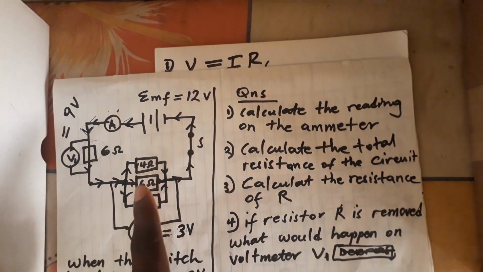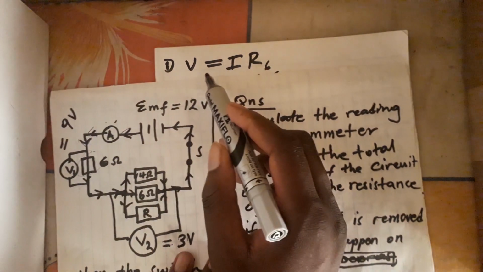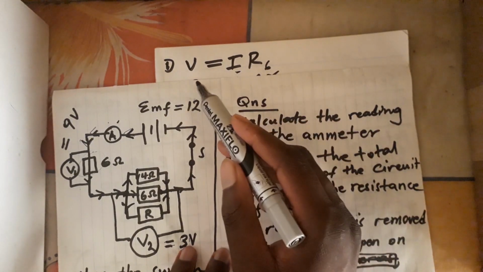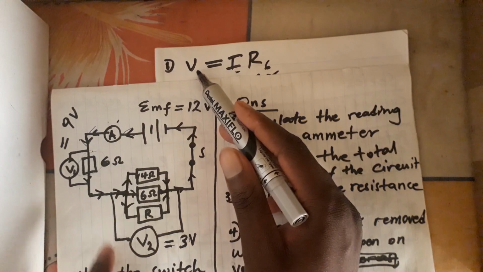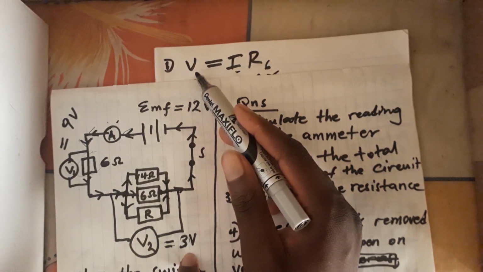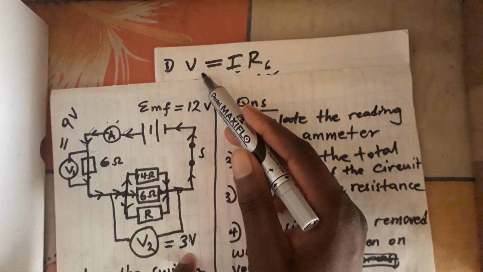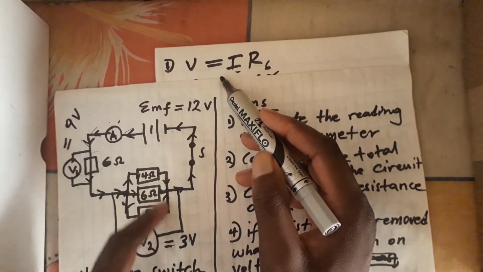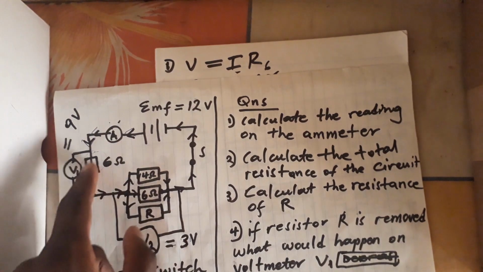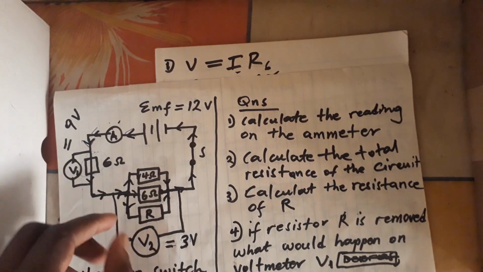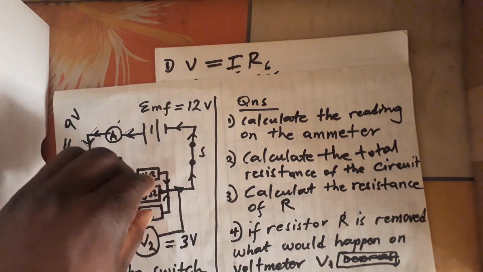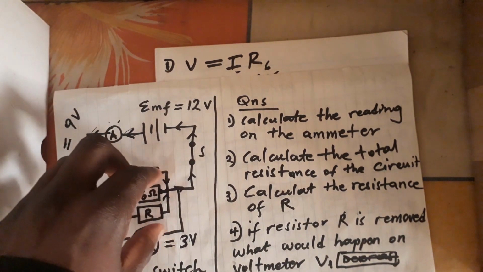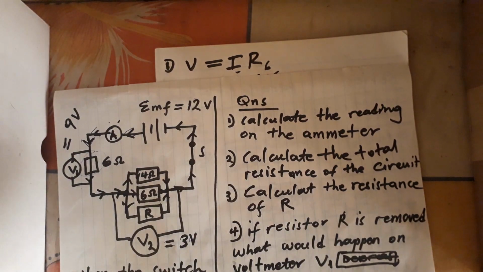Since we know that we have this formula, V equals IR, we already have the potential difference of the parallel connection, which is 3 volts, and we have the current that is going to pass through this. The current that is going to pass here is the same here, but it's going to split up. But combined, it's going to be the same as this one when we make these 3 resistors as a single resistor.